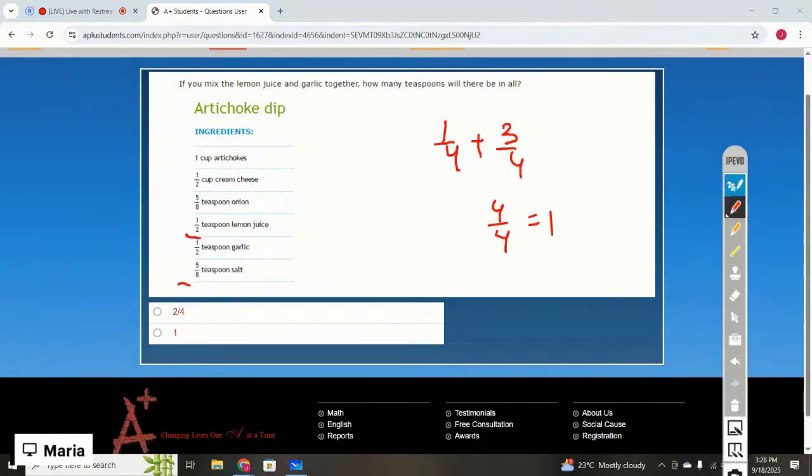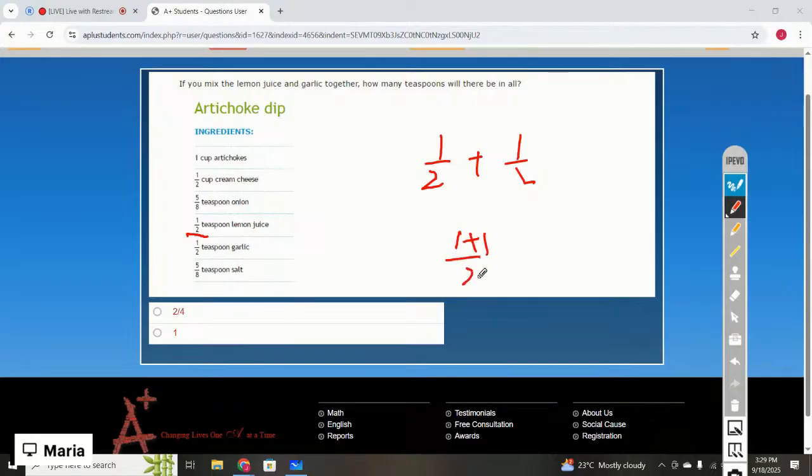If you mix the lemon juice and garlic together, how many teaspoons will there be in all? Lemon juice is 1 by 2 teaspoons and garlic is 1 by 2. 1 plus 1 is 2.